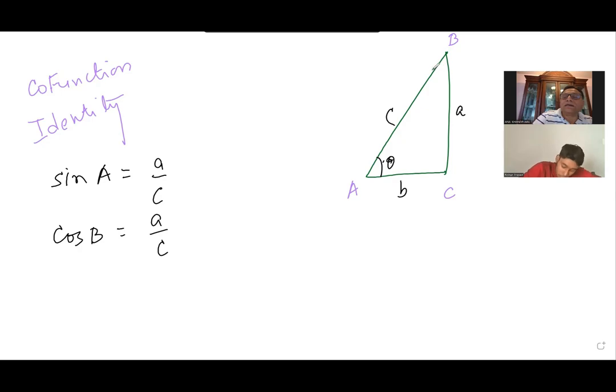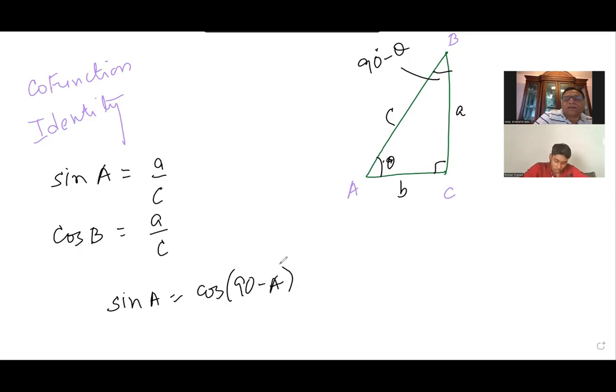And this angle, if this is theta, that angle will be 90 minus theta, right? So what we see is sine of A is equal to cos of 90 minus A, correct?